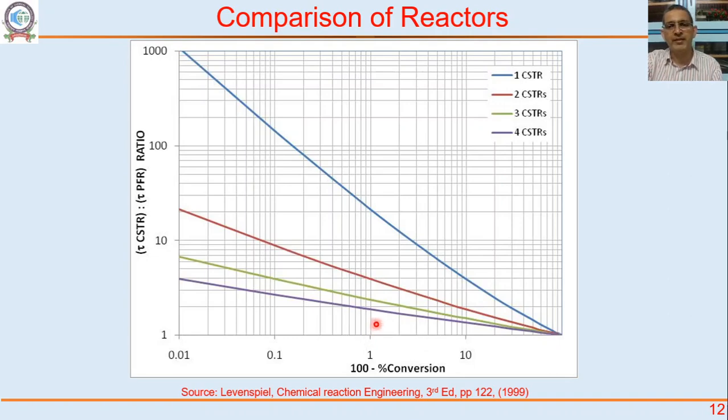If I use 1 CSTR, the volume of CSTR required would be double that of a plug flow reactor, right? Sorry, it is here. Here, this is for one reactor, second, third, fourth. So it is here. It is something like 20 times that of a plug flow reactor. Okay, you've done all these things.